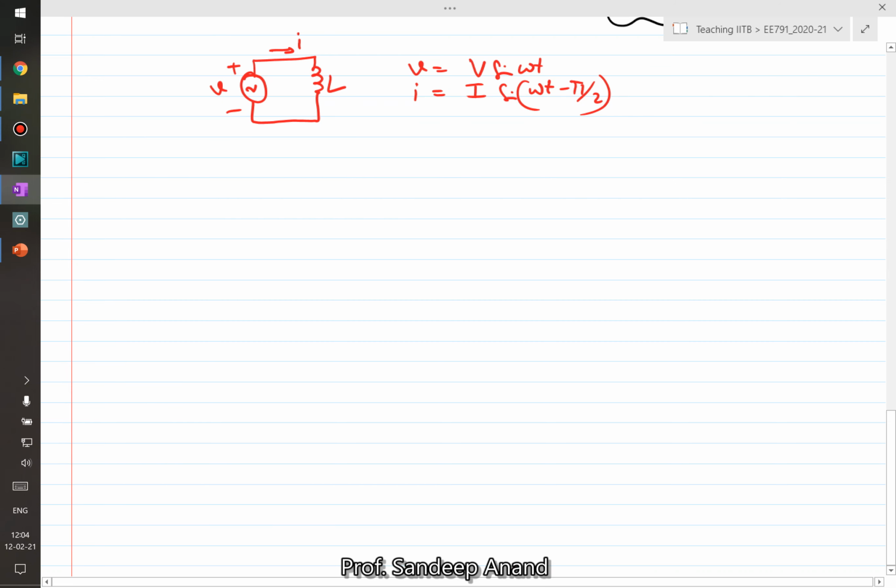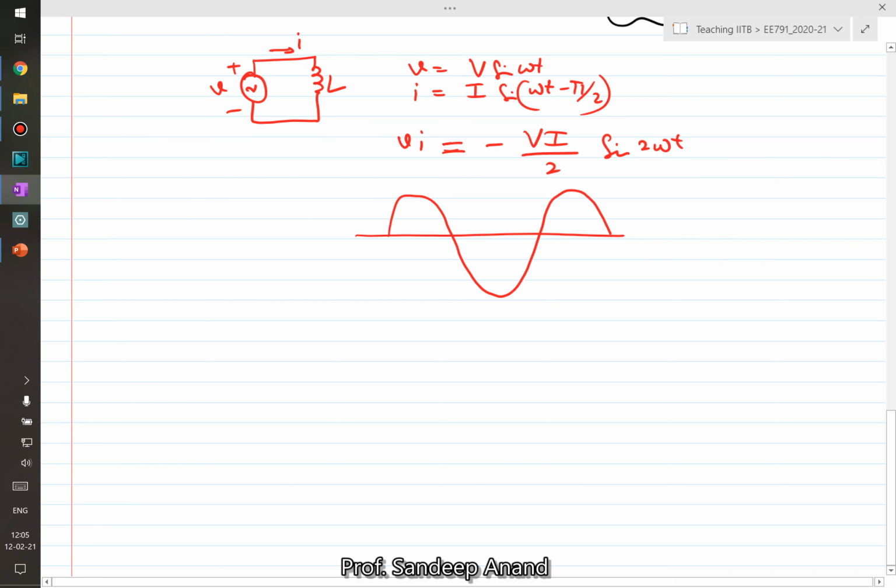Then if you multiply V into I, what you will get is minus V into I, and you can solve it and you will get something like this. What does it mean? This V into I value is a sinusoid, right? And if you find the average, it's 0.